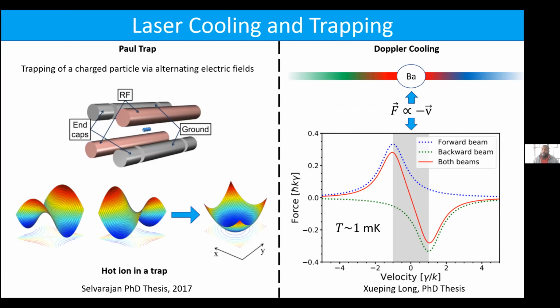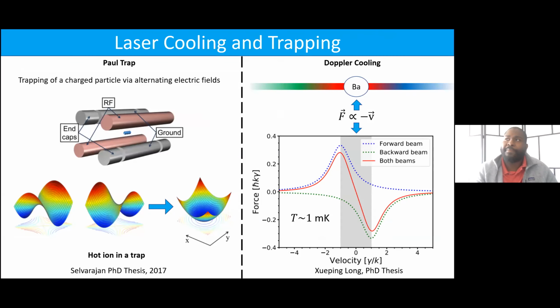And so the sort of canonical picture I think people tend to think about when they think about the Doppler effect is an ambulance moving away from you, right? This is a situation where you have yourself, the detector, and you have the emitter, the ambulance, with some relative velocity, and you notice that the pitch of the ambulance siren appears to change with the relative velocity between you. We can use this effect in atoms where you slightly detune your frequency.